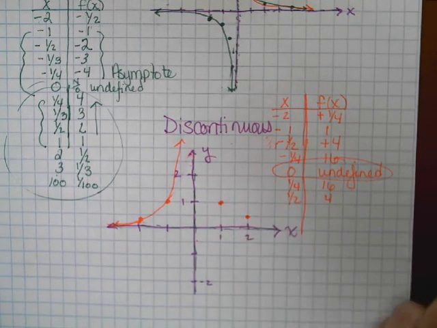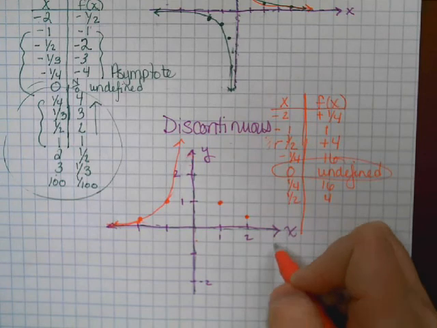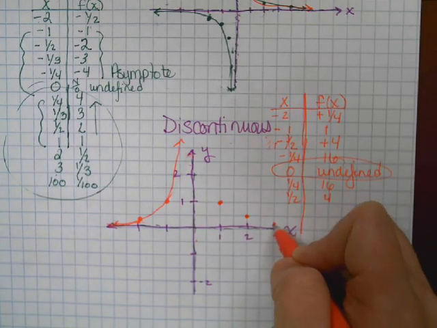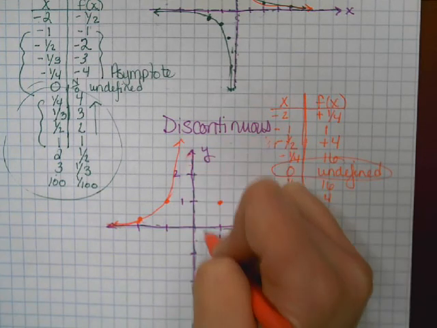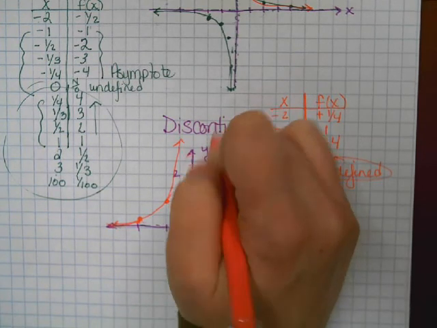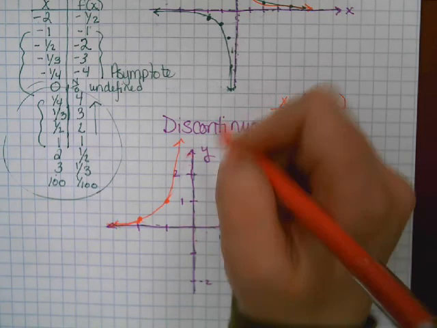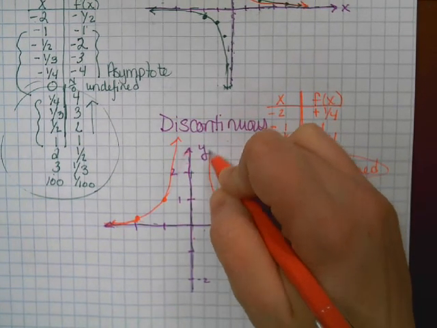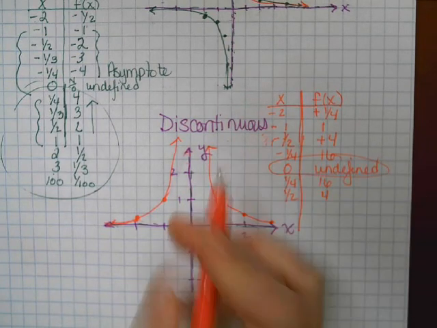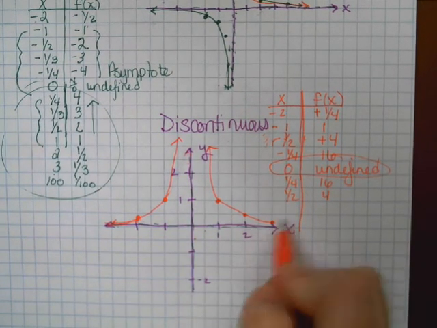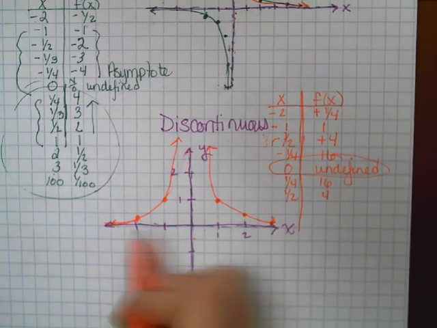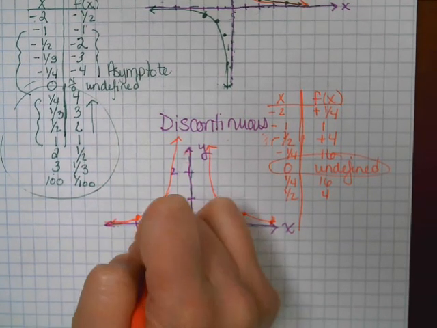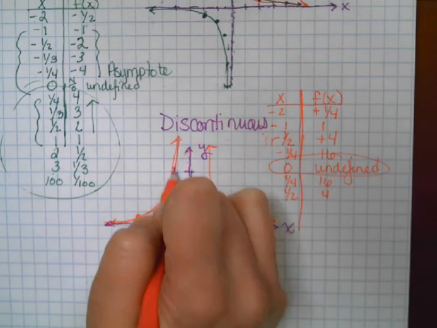It's too far off the charts. Okay, so at 2, it's 1/2. At 3, it would be 1/9, which is tiny. So at 1/2, it would be 4, which is off the charts again. It's steep. It's going to approach this axis but never touch it.